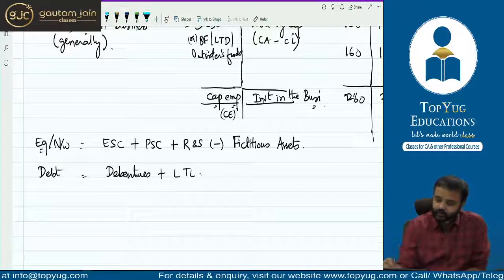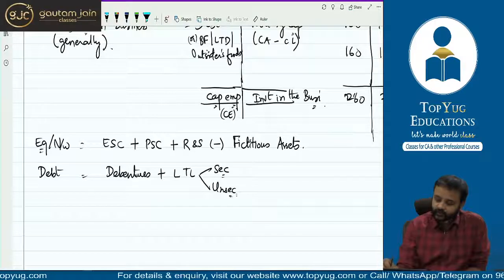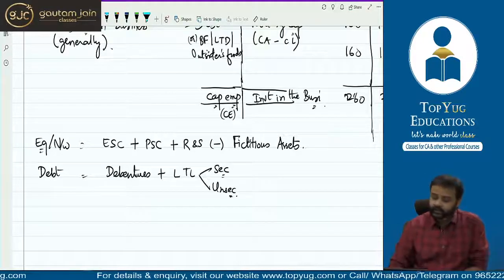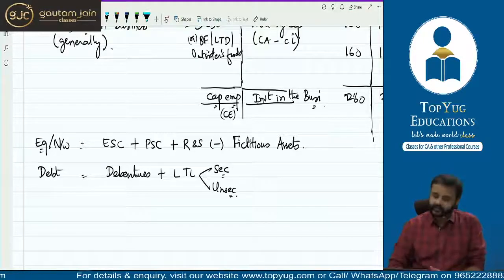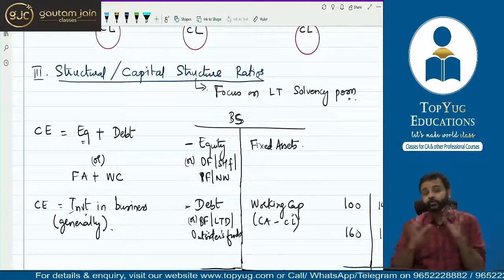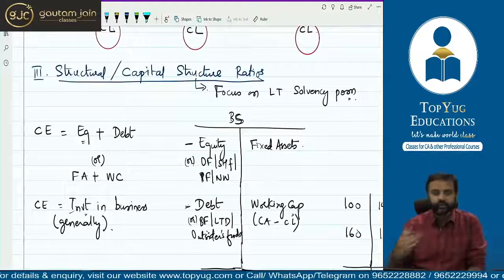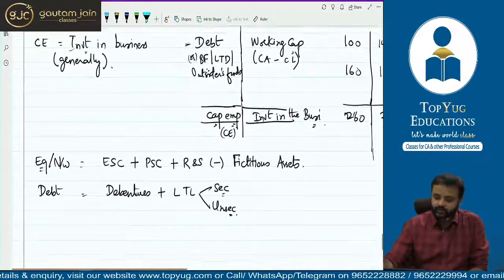Long-term loan may be secured, may be unsecured, correct? Like that, maybe we can have some debt here. Right, sir. So while discussing capital structure, it is very important to understand the structure, the composition of capital. That's where I've just again gone into it, and maybe sort of revision we have done, correct?